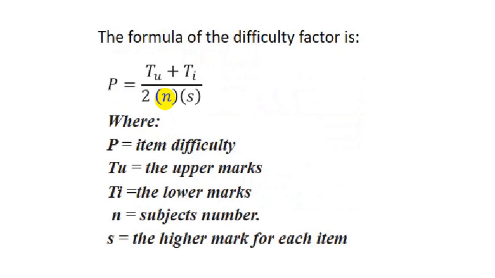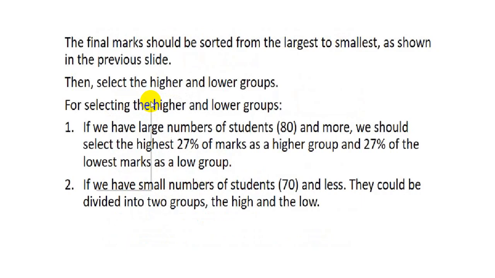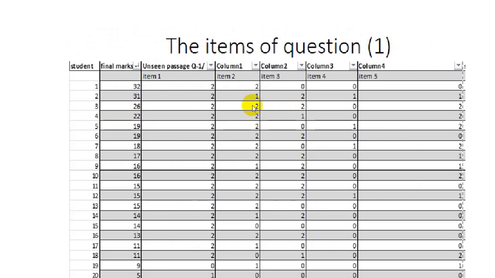For example, in our example we have 2 as the higher score of each item. What do we mean by S? 2, the higher score of each item.